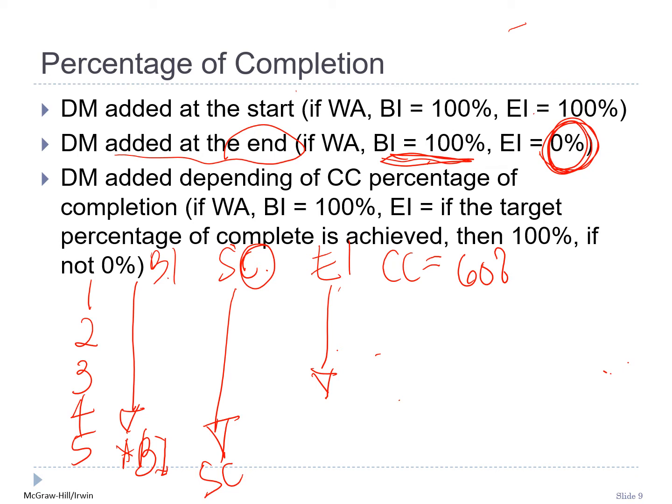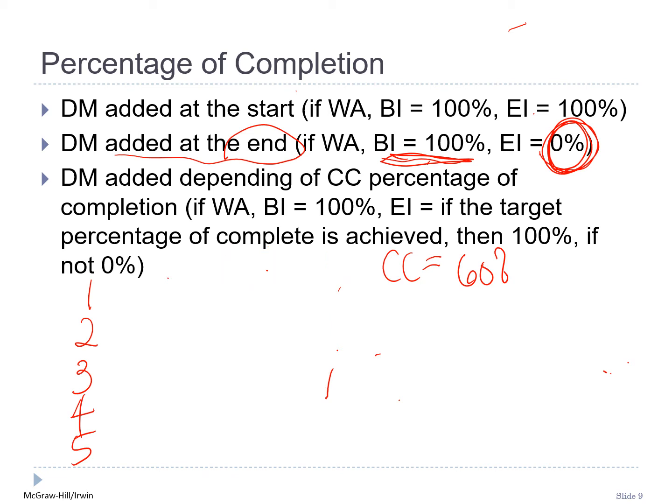Ayan. And lastly, uulitin ko lang ulit. Lastly, sabi niya, yung percentage of completion for direct materials may also depend on the percentage of completion of conversion cost. Halimbawa, for example, sa weighted average, as you notice, pag beginning inventory, pag weighted average, laging 100% complete yan.